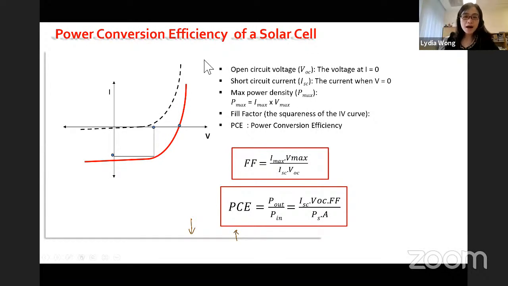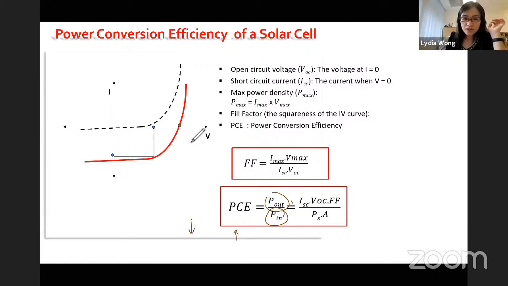Okay, power conversion efficiency of a solar cell is the ratio between the output power that is generated by the solar cell relative to the incoming power. So how much electricity is generated compared to how many photons are being supplied into the solar cell. How much light you shine onto your solar cell.